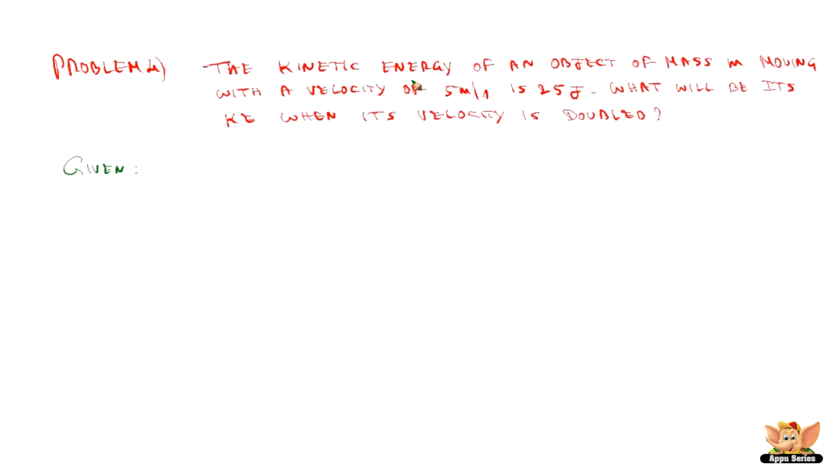Problem 4. The kinetic energy of an object of mass m moving with a velocity of 5 meters per second is 25 joules. What will be its kinetic energy when its velocity is doubled? Basically we know kinetic energy is given as half mv square, in which the mass of the body is m, the velocity is 5 meters per second, and the kinetic energy is 25 joules.